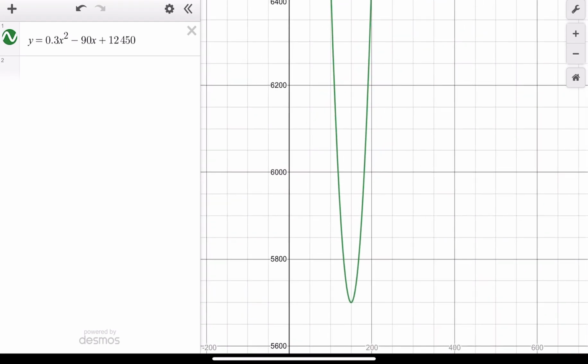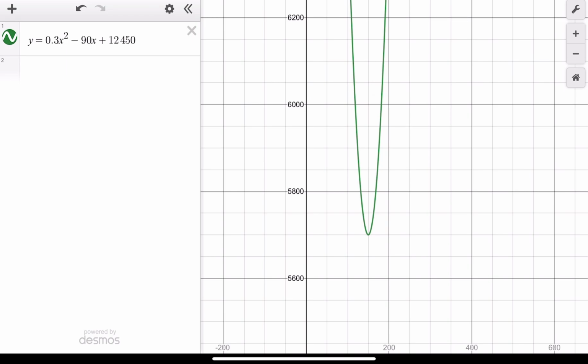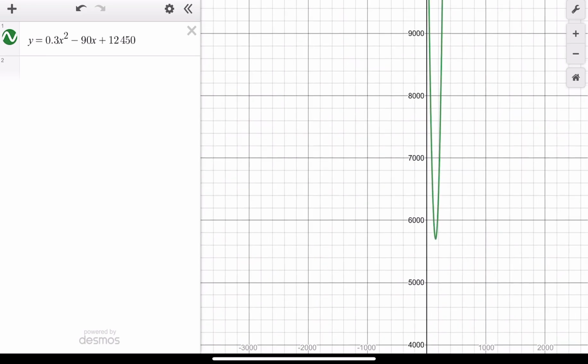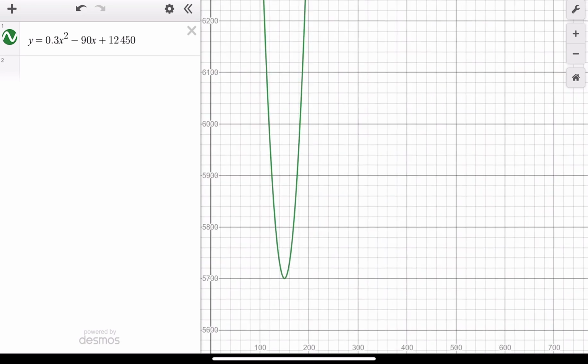I can see that I've got a pretty big parabola that's really high up there. It doesn't have any roots, it doesn't have any x-intercepts, there's no real starting or stopping point. I could, of course, change the window, but a parabola is a parabola.